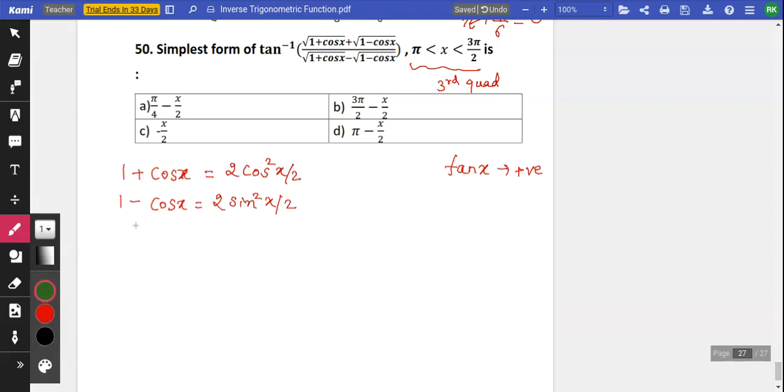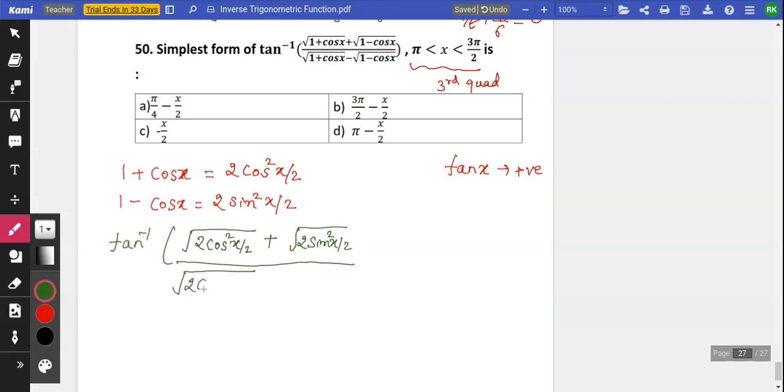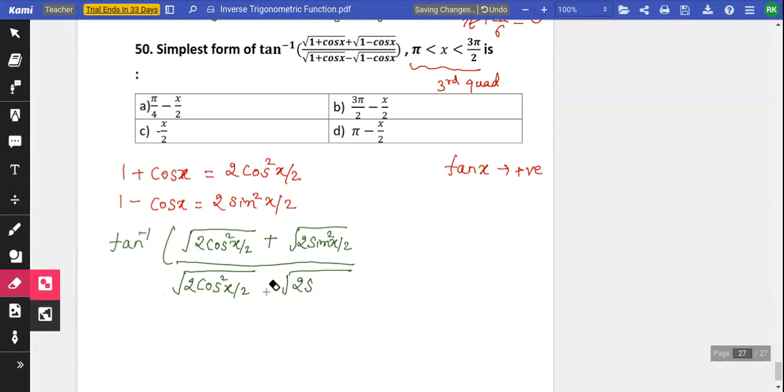Now put this value in the question. It becomes tan inverse of square root of 2 cos square x upon 2 plus square root of 2 sine square x upon 2, upon square root of 2 cos square x upon 2 plus square root of 2, here is a negative sign, by mistake I used positive, it is negative 2 sine square x upon 2.